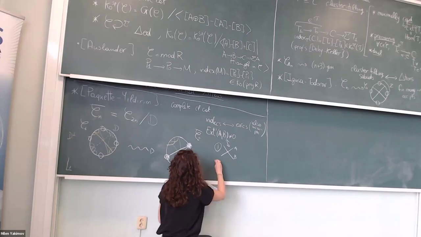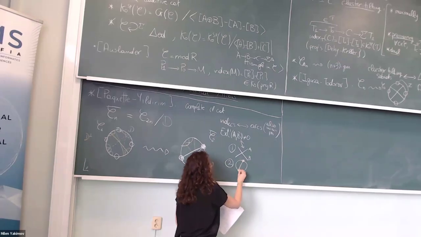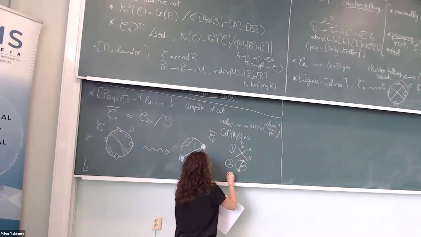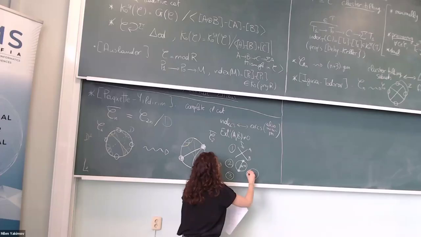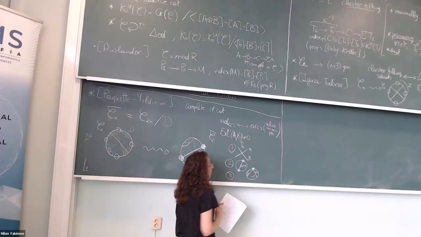The other thing that can happen is that I have 2 accumulation points and A is equal to B. So this is a bit weird. Or finally, something that's not very symmetric anymore, and now I need to be careful. This is B, and this is A, in this order.